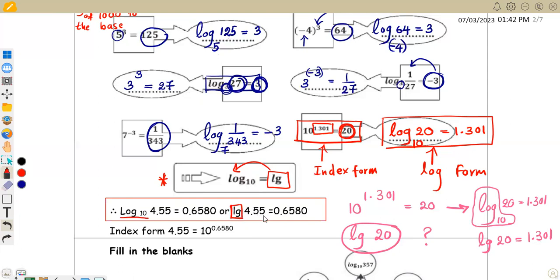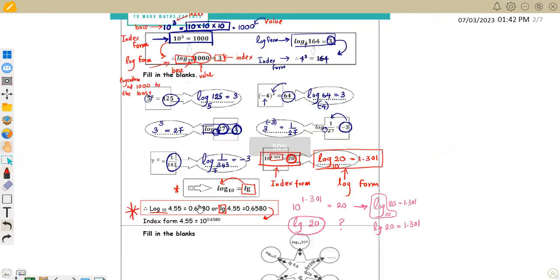Then LG 4.55 means logarithm to the base 10 of 4.55. That means the same answer. So when a particular log form is given with the word LG only, you have to remember its base is 10. This is a very important part because you have to remember this in the exam.